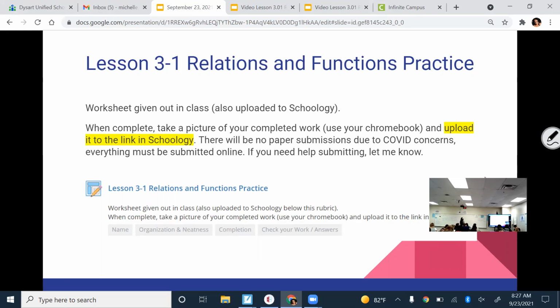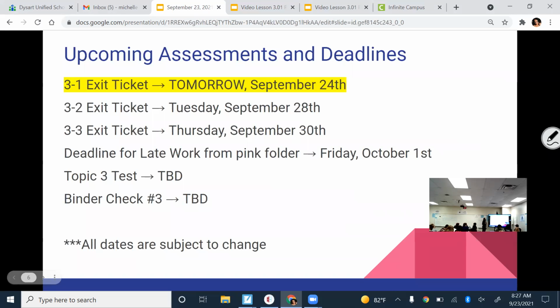The notes you keep for your binder check. So far the next binder check is scheduled for October 11th. So just hang on to your stuff in your binder. That's why it has 3 holes in it. Don't lose it. Your practice is what you upload to Schoology. If you ever need an extra copy, feel free to ask, but it's also uploaded in the link too. So there you go.